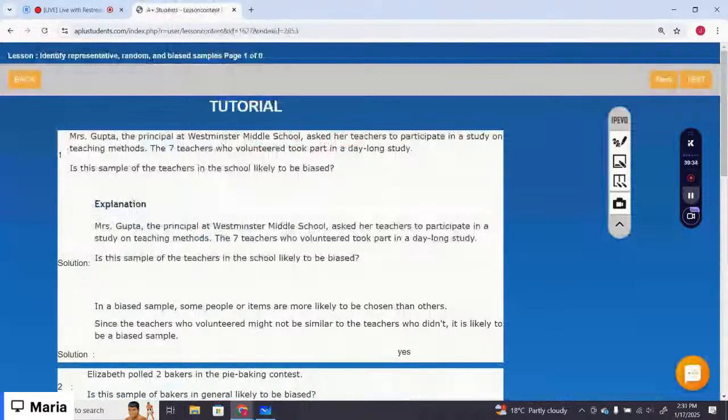Mrs. Gupta, the principal at Westminster Middle School, asked her teachers to participate in a study on teaching methods. The seven teachers who volunteered took part in a day long study. Is the sample of teachers in the school likely to be biased? In a biased sample, some people or items are more likely to be chosen than others, since the teachers who volunteered might not be similar to the other teachers who didn't.